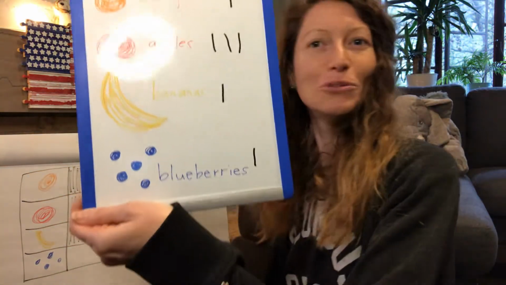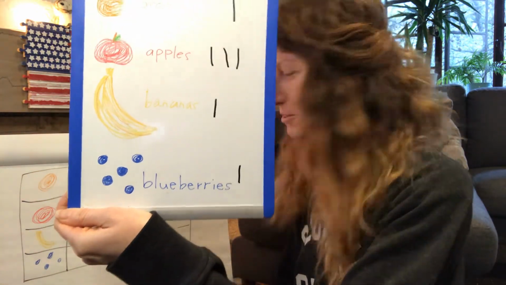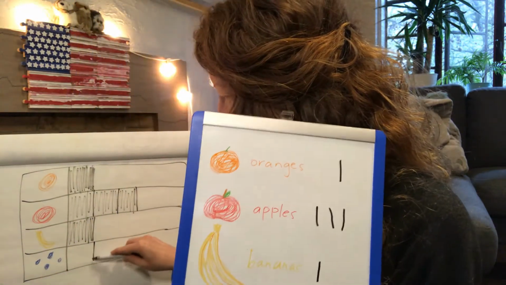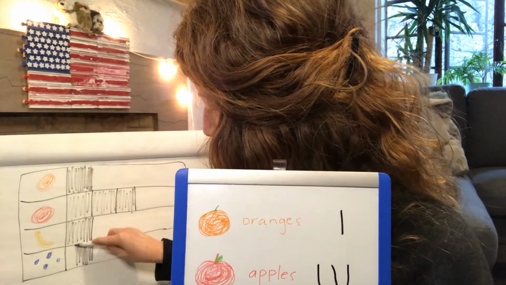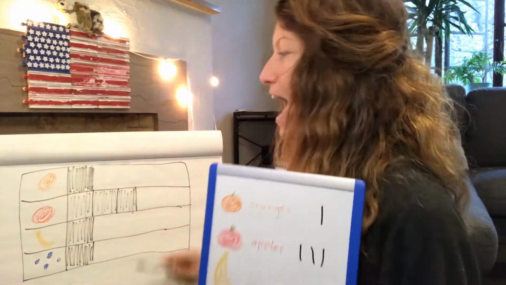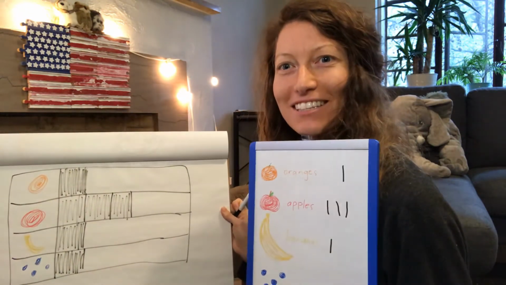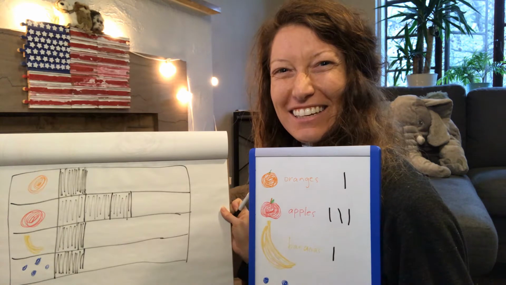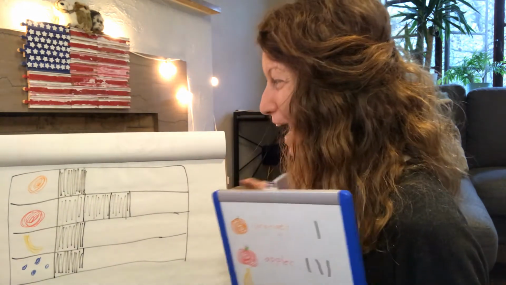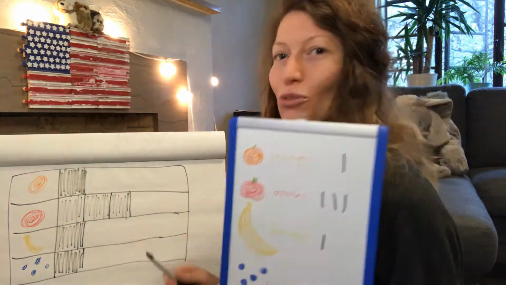And what about blueberries? How many votes for blueberries? 1 vote for blueberries. Okay. Which fruit got the most votes? That's right, apples. Apples got 3 votes.